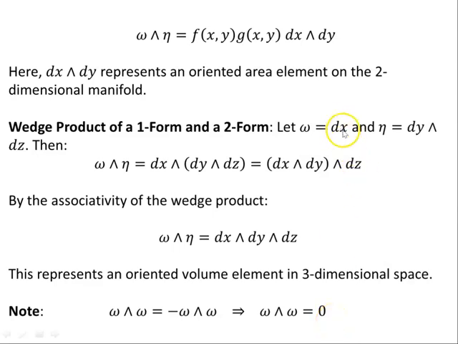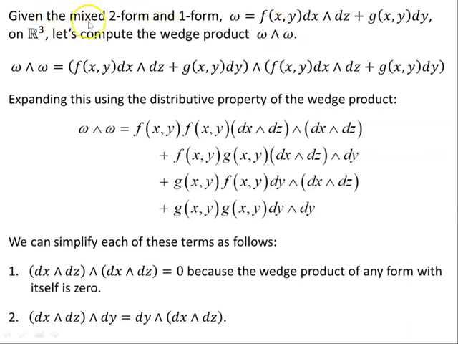In other words, dx wedge dx has to be 0. As you can see, dx wedge dx is equal to minus dx wedge dx. Well, the only way that can be true is if the wedge product of these two is 0.